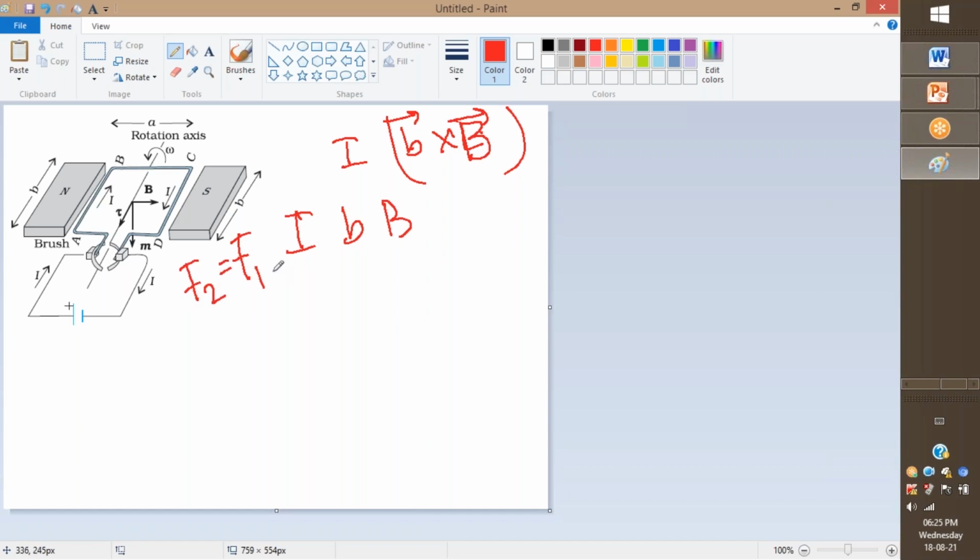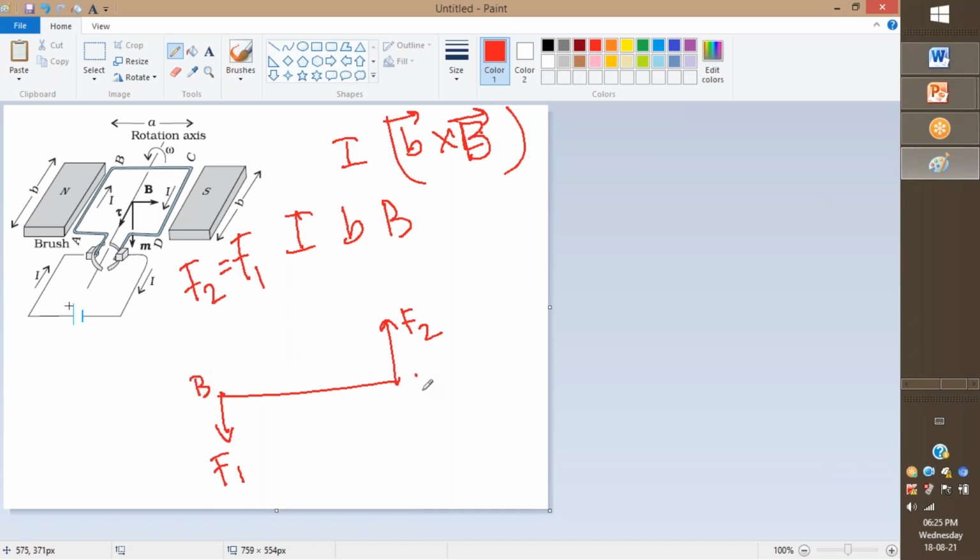Since both are at 90 degrees, I can write this as, oh I'm sorry, this is B, the magnetic field created by this electromagnet. So I can write this as I b B. So this is the magnitude of the force, and the magnitude of the force will be the same for both.